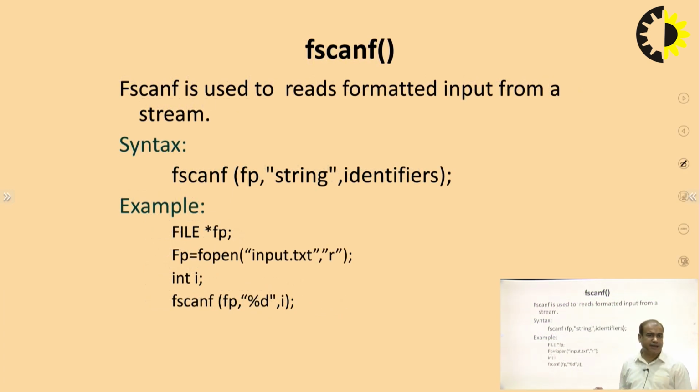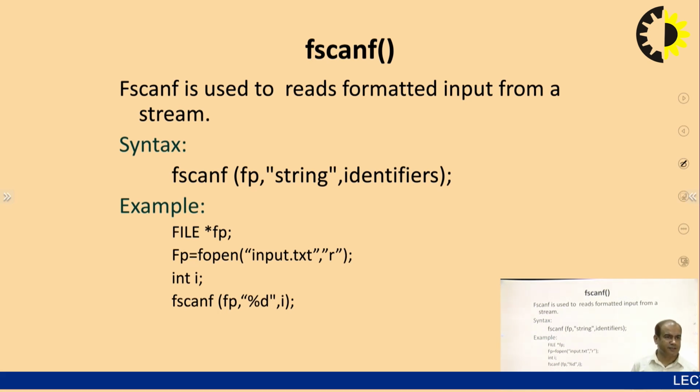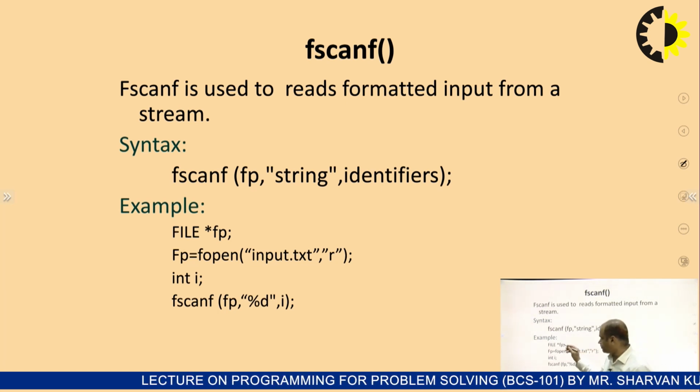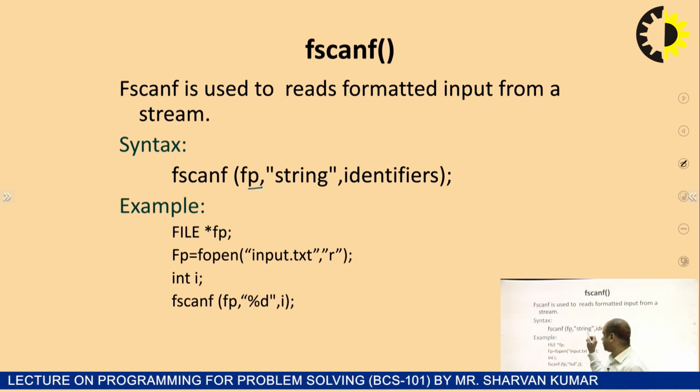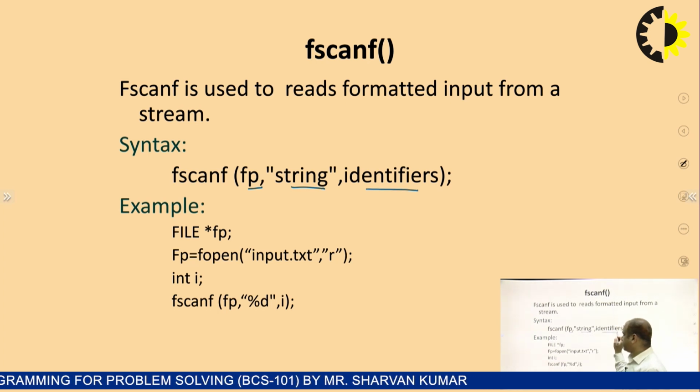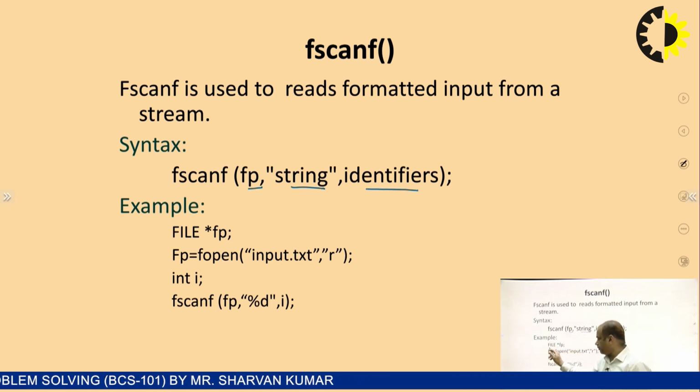Next is fscanf. Fscanf is used to read formatted input from the stream. So how are we going to define it? As we have stored in the file, saved in the file, we have to use fscanf. Fscanf takes the file pointer, string and variable identifier. So the same example we are going to apply with file pointer fp.